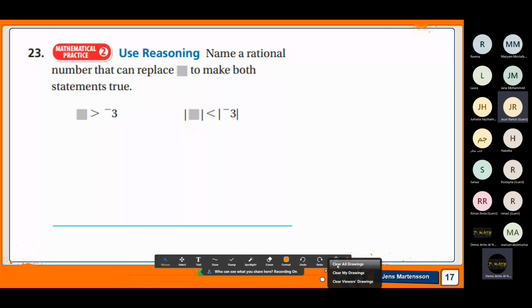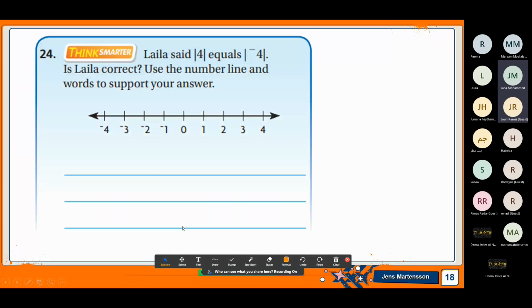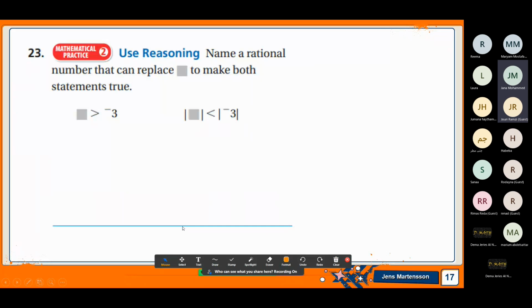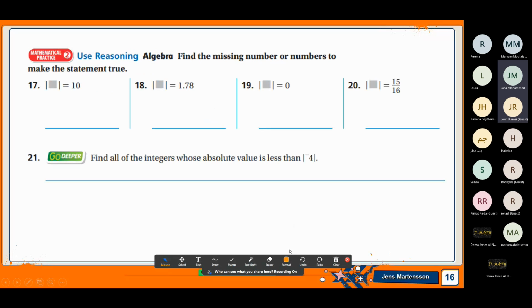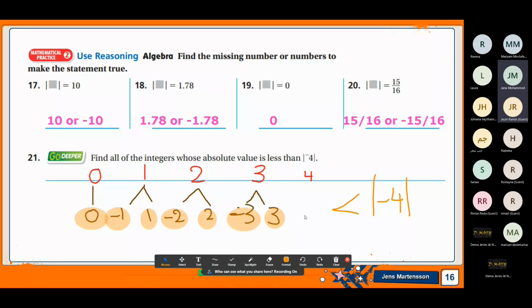Teacher, before you complete, I want to ask if I understand the last question right. You mean when we change -4 to 4, we have to see what's lesser.